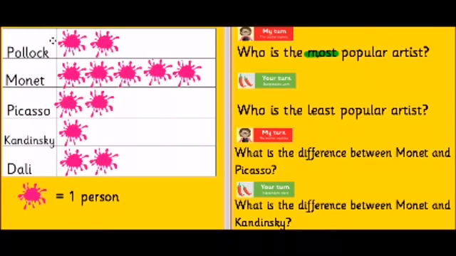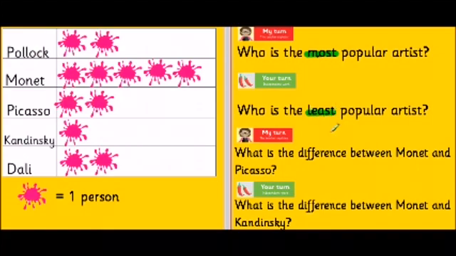So I can go over to my pictogram and I can see very clearly that the artist with the most splats is Monet. So the most popular artist is Monet, because 5 people said he was their favourite. Okay, so let's have a your turn. Who is the least popular artist?